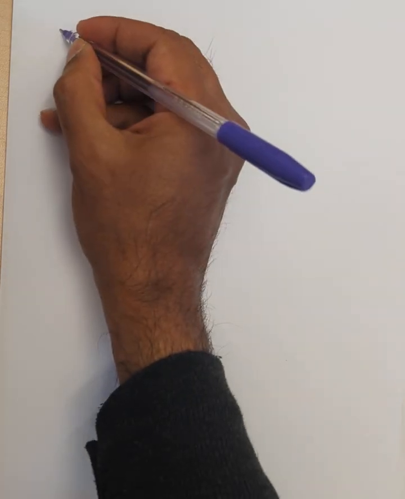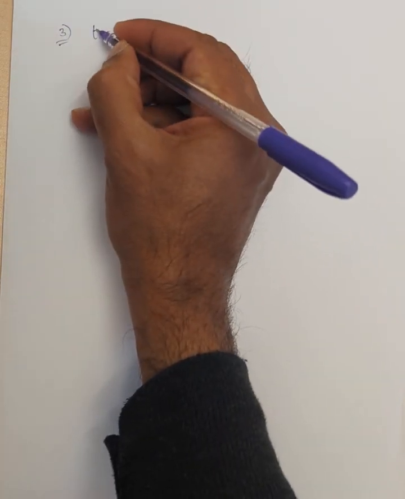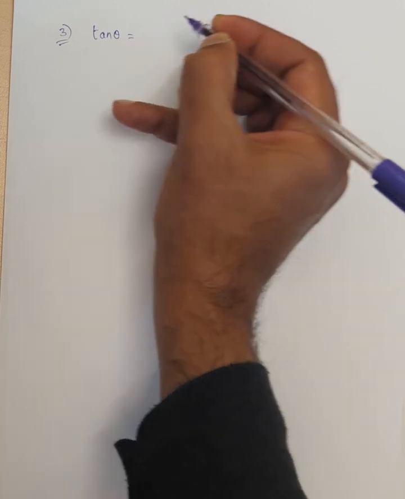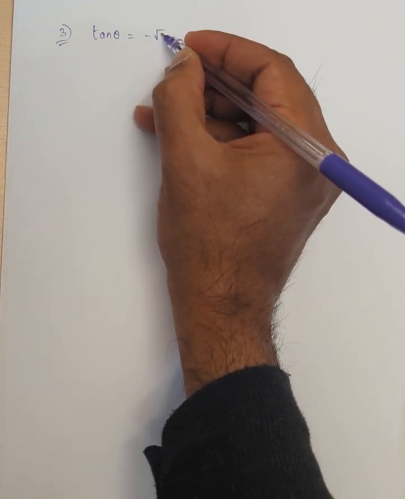Now let's look at one example where we have tan theta. So say I got tan theta equals negative root 3.